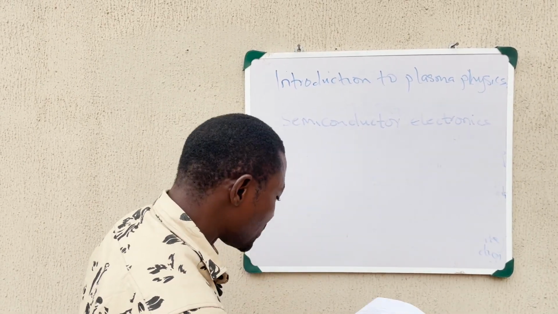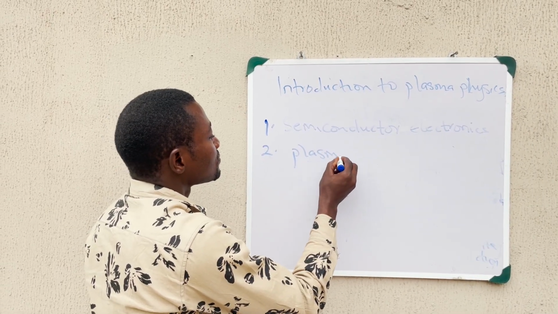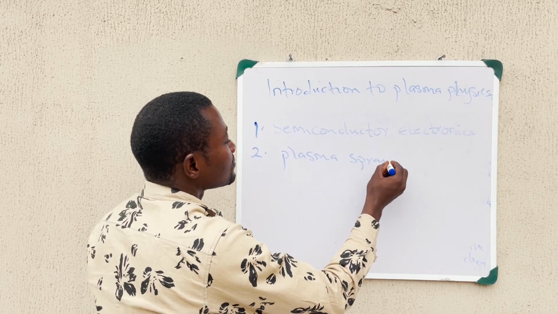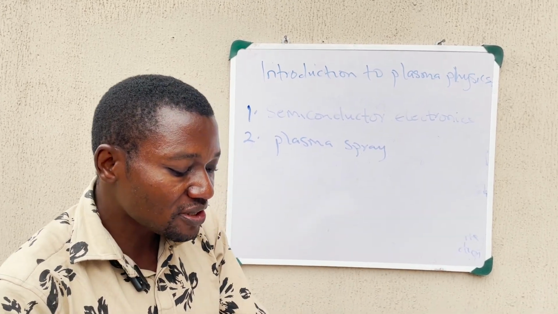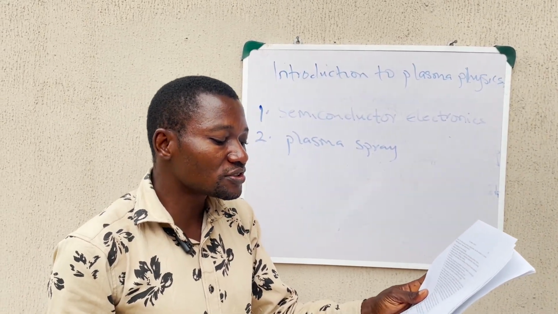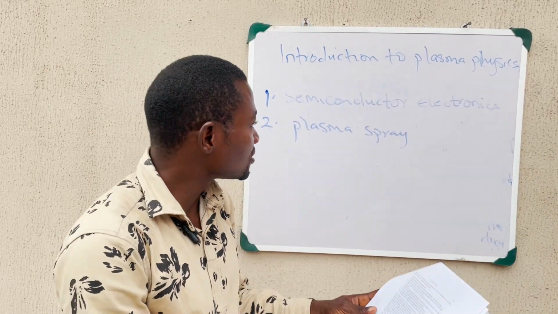The other one, we have the plasma spray. This is number one. Plasma spray is another application of plasma in industry. So plasma spraying is used to apply a thick coating to substances that do not yield to other treatment.